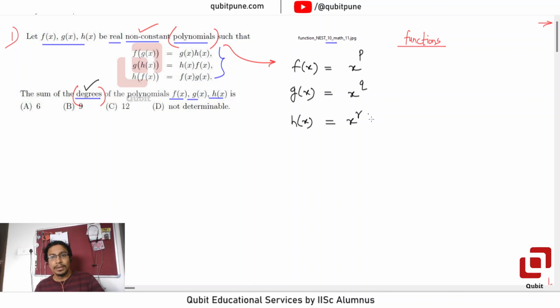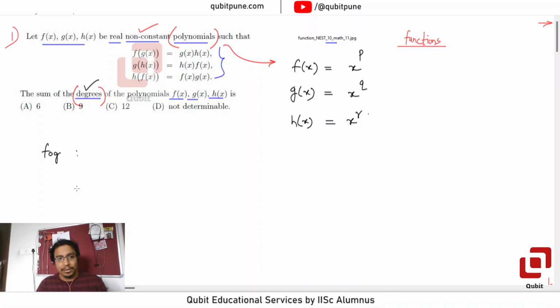Now can any one of you tell me what would be the expression for f of g, rather, let me ask you that question. Sir, p plus q. No, not p plus q. Look here. So we are basically composing f with g, isn't it?